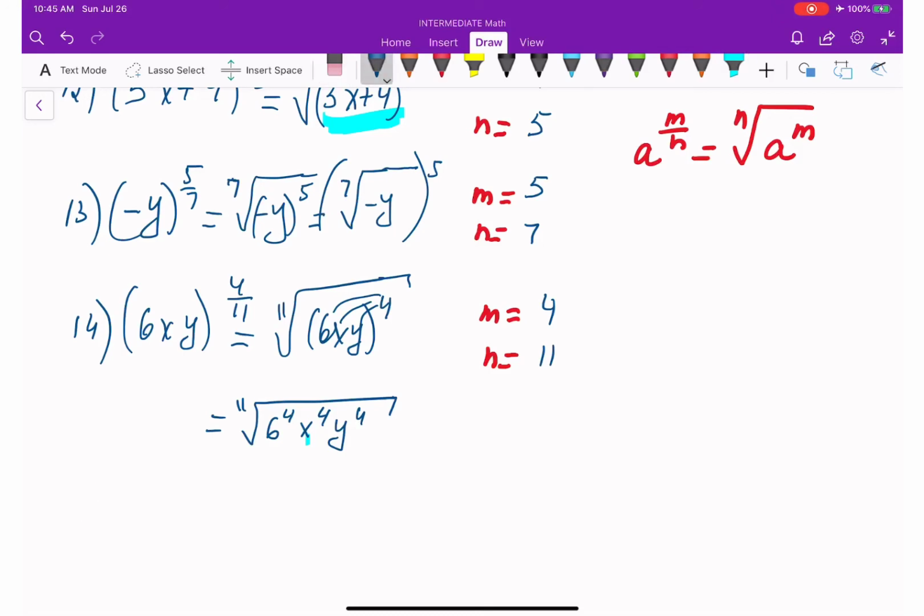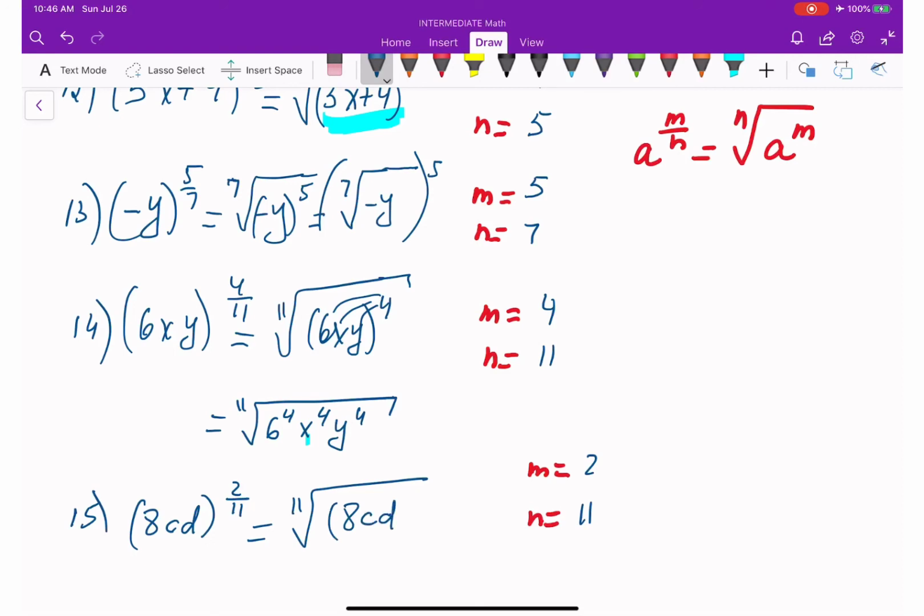8cd to power 2 over 11. Okay, what we're gonna do in this case, same way. So m is equal 2, n is equal 11, which means 11 comes here, 8cd squared.